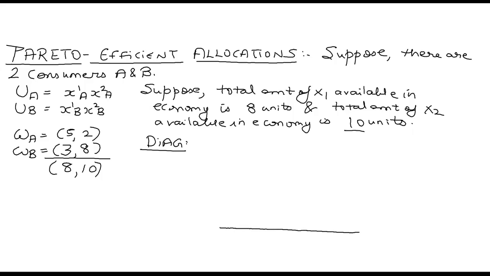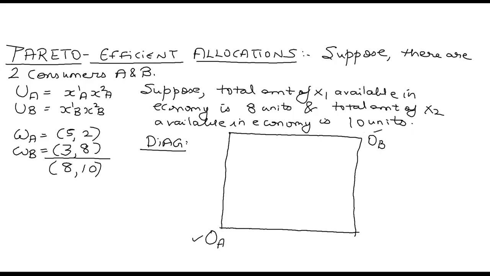This will be A's origin and the breadth will be a line of 10 centimeters. Okay, so this is my Edgeworth box. This is A's origin. This is B's origin.